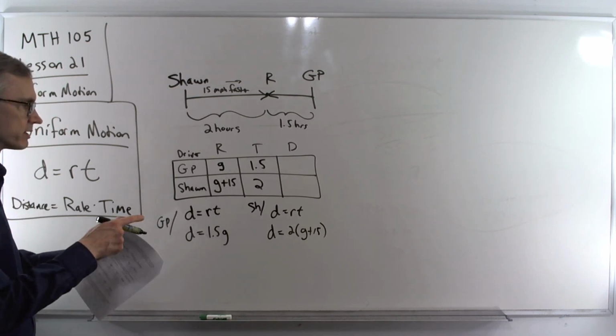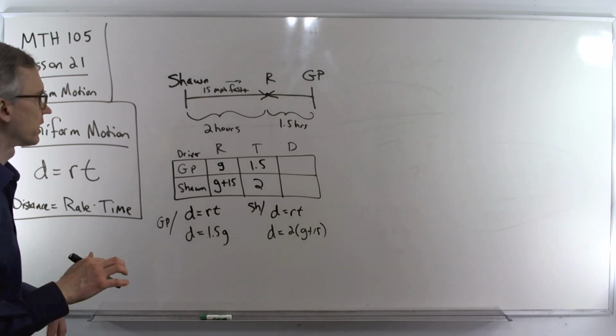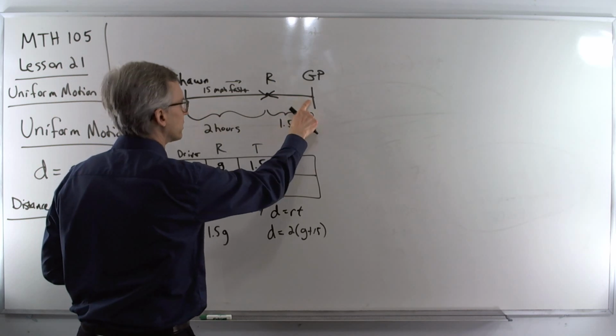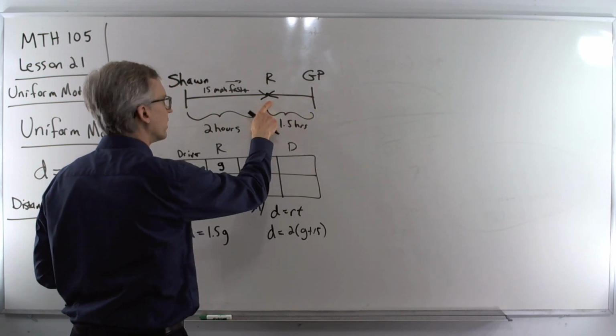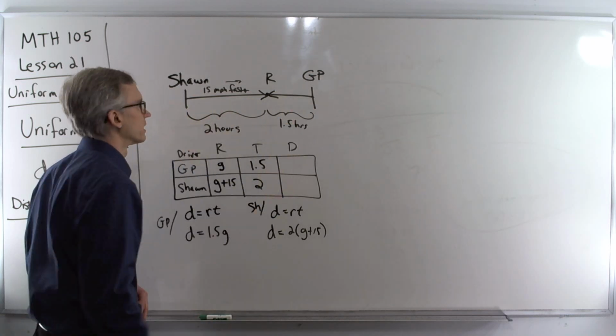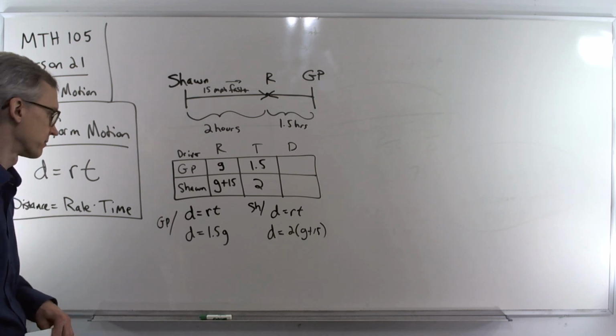So we don't know that these two things are equal to each other, but there is something we do know. If you look at the diagram, the distance Sean drives and the distance the grandparents drive, if we add them together, they equal the distance from Sean's place to his grandparents' place. And we know that distance is 135 miles.